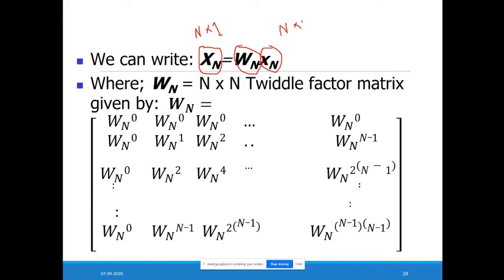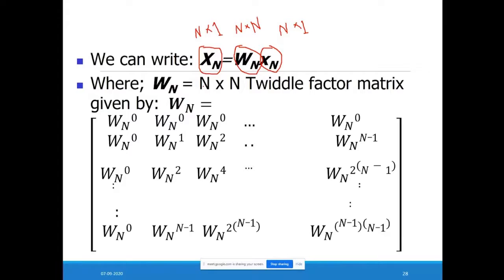So to obtain X of n from the given input sequence, we have to multiply it with the twiddle factor matrix, whose size is n cross n. When an n cross n matrix is multiplied with an n cross 1 column vector, the outcome is again an n cross 1 column.